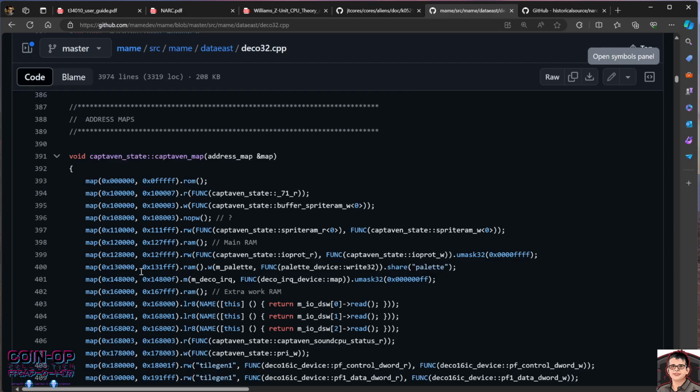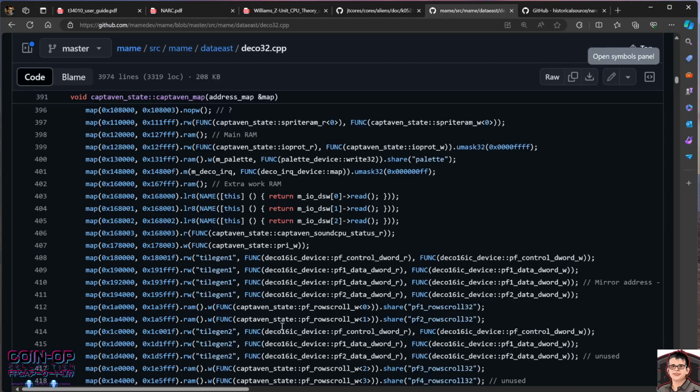So that's your palette RAM range, and from this you can discern that the palette RAM is 2,000 hex in length, so 2,000 addresses, and this is write 32, so it's probably 32-bit addressing.